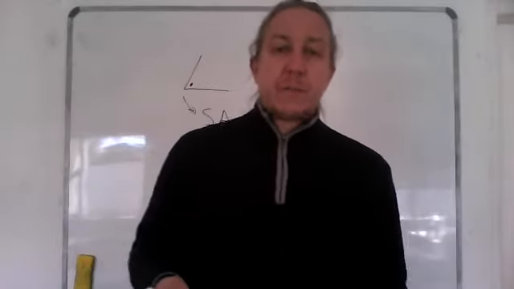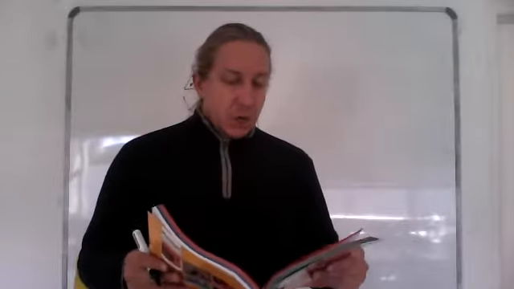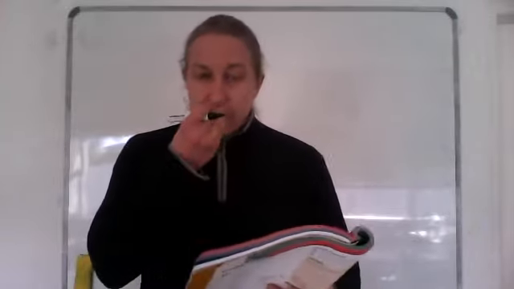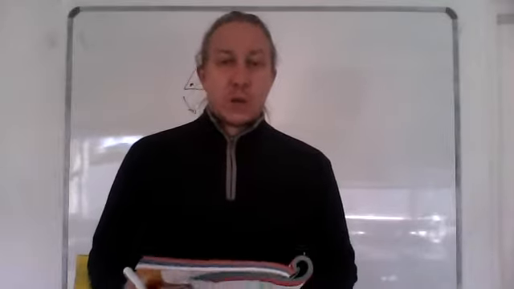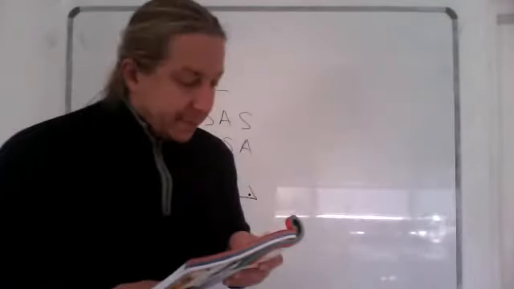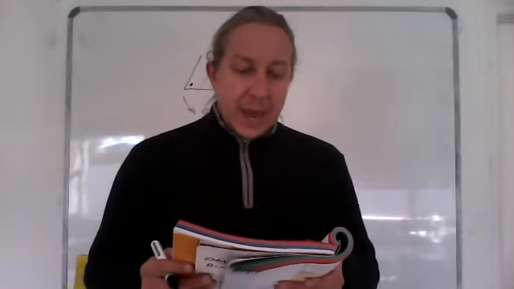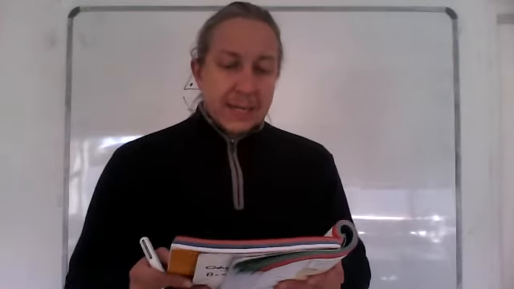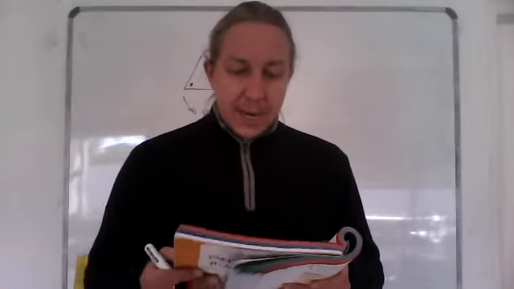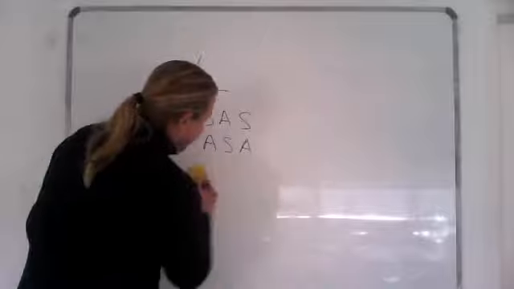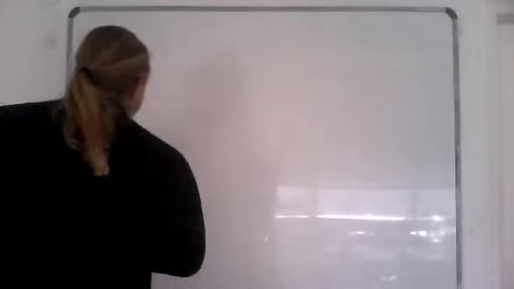Now let's look at a more complicated example, rather than exercise 13.6 in the previous worked example. If we look at the worked example on page 135, it says AB and CD intersect at E with AE equals EB and CE equals ED. Let me draw the diagram first quickly, and then we can do it.